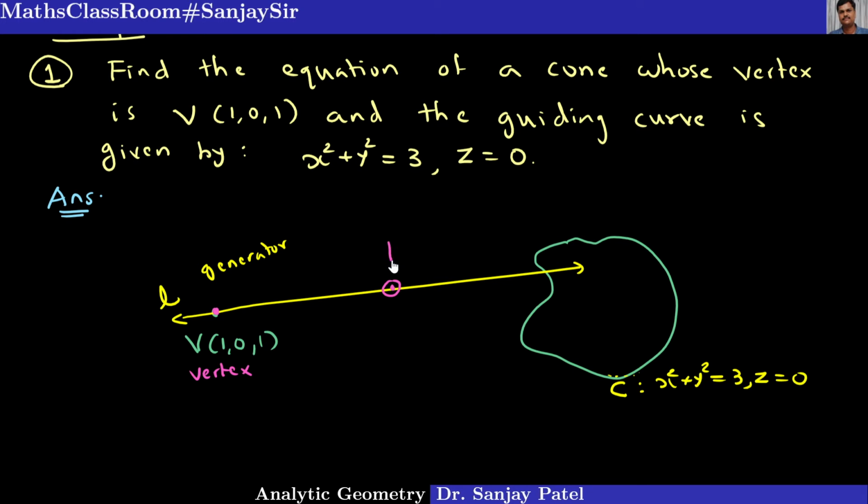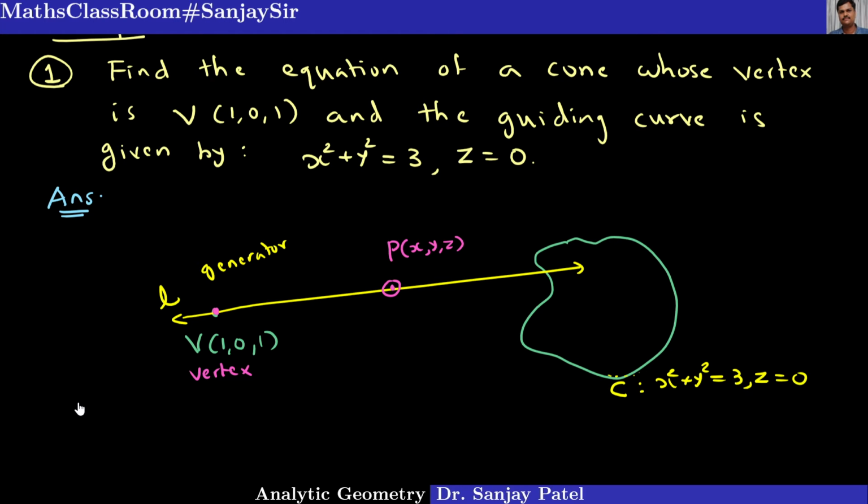So let capital P, since it is variable, have coordinates x, y, z. Let P be any point on this cone. Since it is on the cone, it is passing through the vertex, and also it is lying on some generator. So I will be starting with the equation of the generator VP.